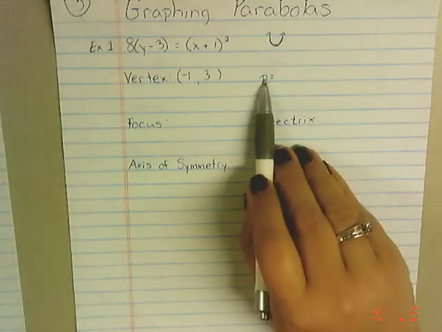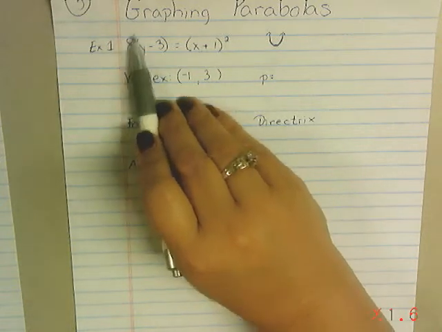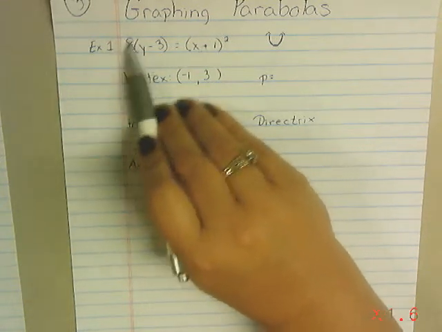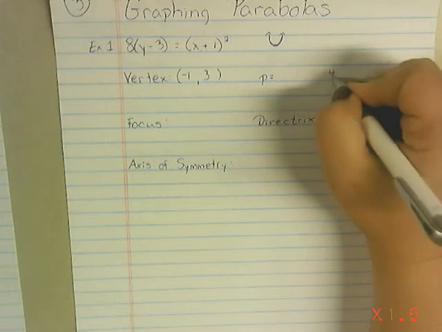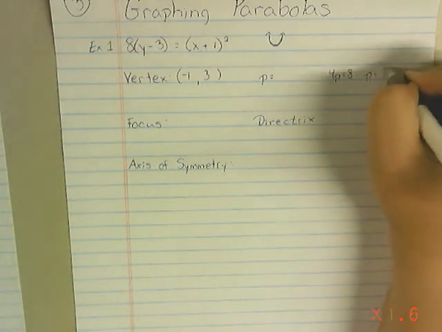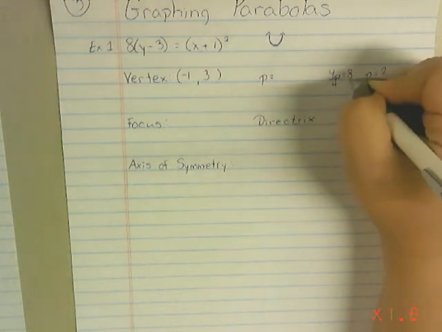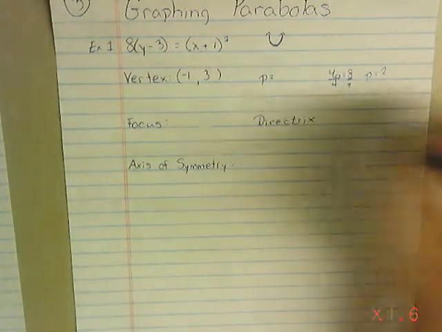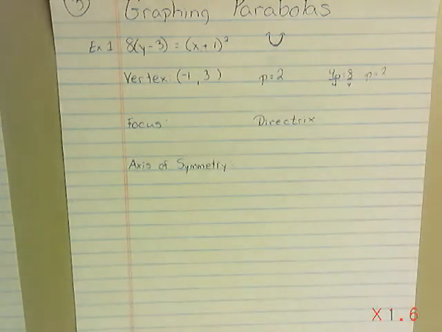So when I go to find p here, this number in front of here is 4p. So 4p equals 8. So that means that p equals 2. Because if I have to get p by itself, divide by 4, divide by 4. So p equals 2.